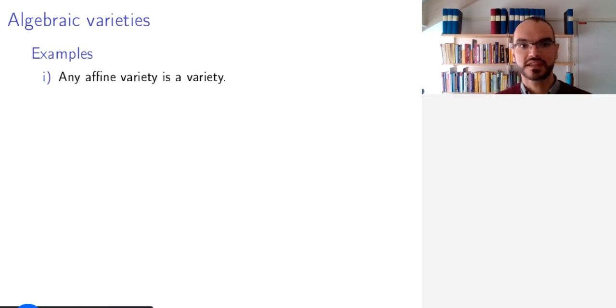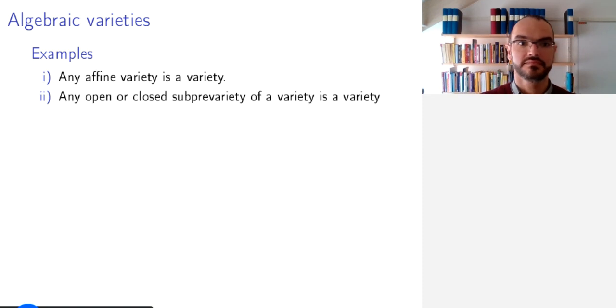So let's look at some examples of algebraic varieties. Any affine variety is a variety. I leave it to you as an exercise to realize the diagonal as the zero set of some polynomials. Any open or closed sub-prevariety of a variety is a variety.